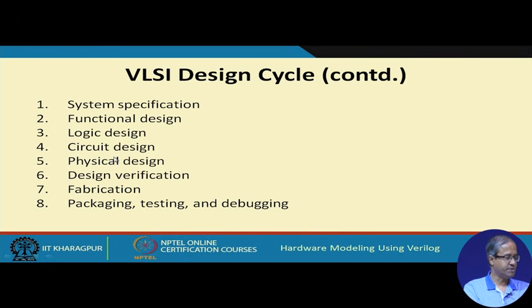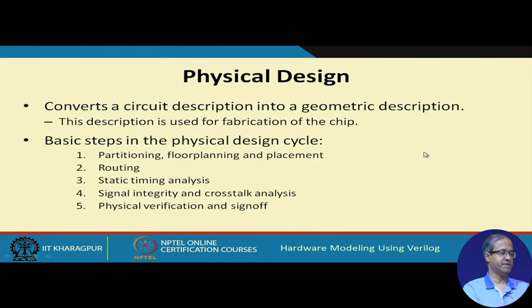Physical design is something which we will again look at a little more. Then design verification, that is whether our design is correct, finally fabrication, and after fabrication packaging the chip, testing and debugging. These are the overall steps in the VLSI design cycle.